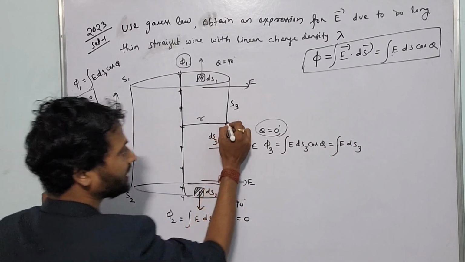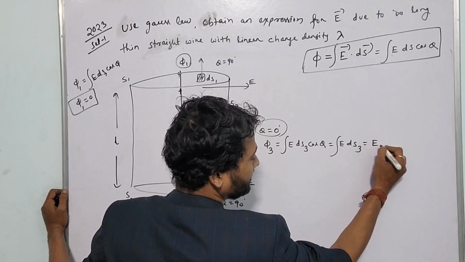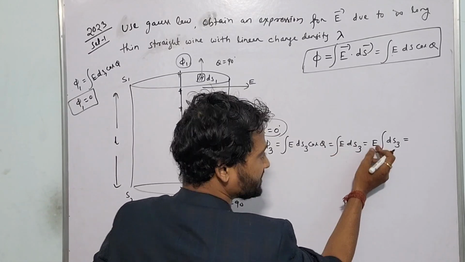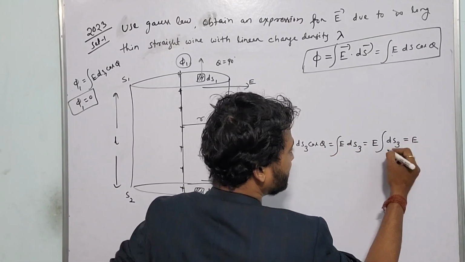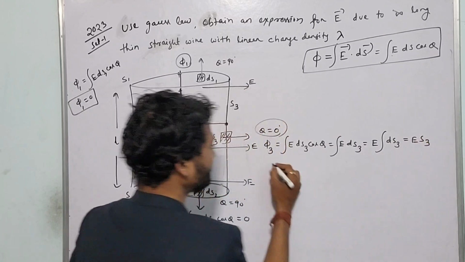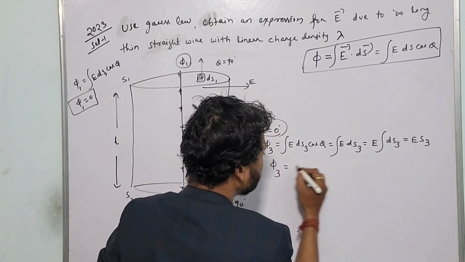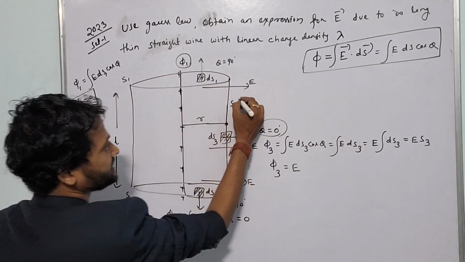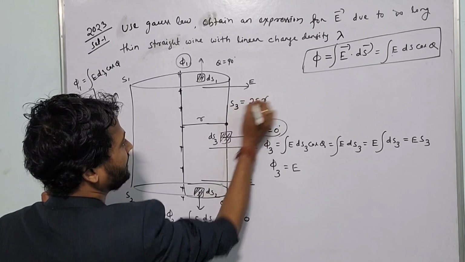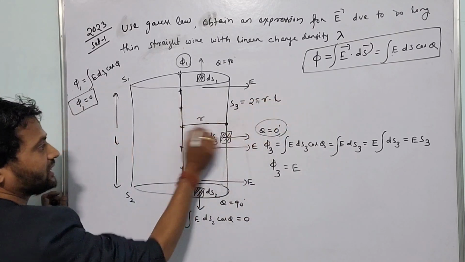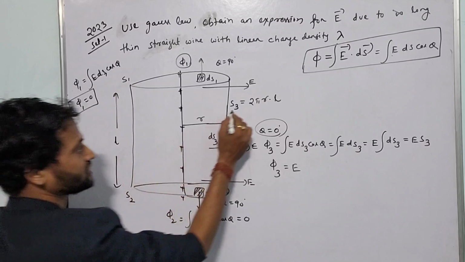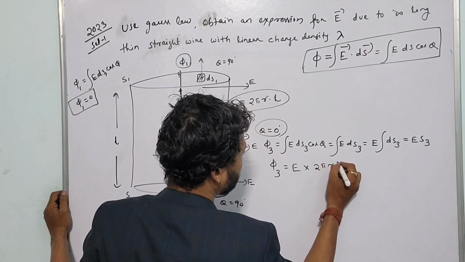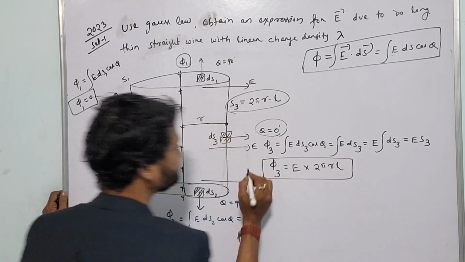Since we'll find the electric field at this point, E is constant. So the integration of ds3 is S3. So what is phi 3? What is the surface area of the curved surface? That is 2 pi r into L. r is the radius of the cylinder, L is the length. So the surface area is 2 pi r L. So you put it here, 2 pi r L. This is your phi 3.